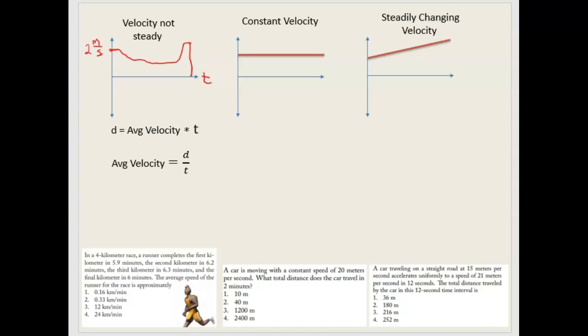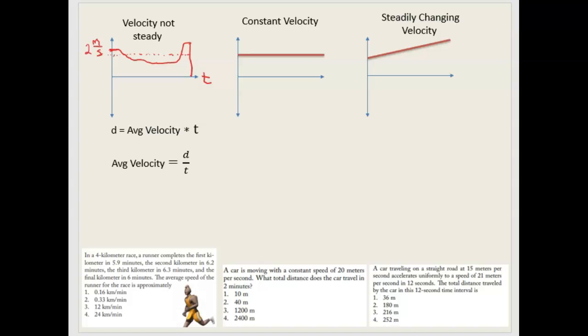Once I knew those two things, we could calculate our average velocity. Average is a measure of midpoint, so your average velocity is always going to be below the highest velocity and above the lowest velocity. It would be somewhere between your lowest velocity and your highest velocity.